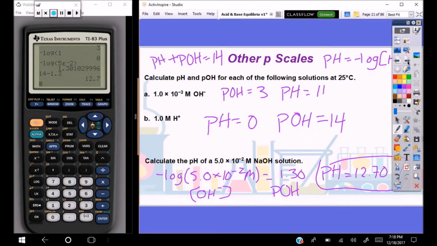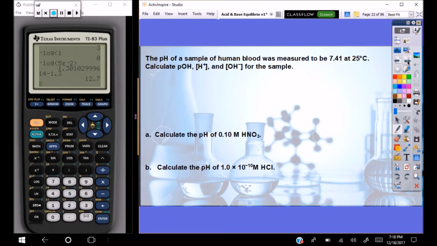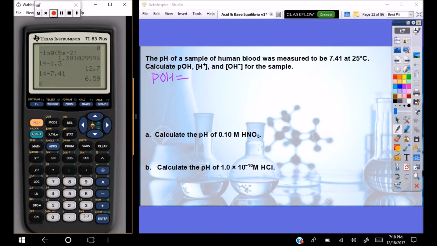On to the next one. So the pH of a sample of human blood was measured to be 7.41 at 25 degrees Celsius. That's slightly basic, but okay. Calculate pOH, H plus, and OH minus for the sample. You've got to do all of them. Okay. Well, the easy one's pOH. It's equal to 14 minus 7.41, so pOH is equal to 6.59.